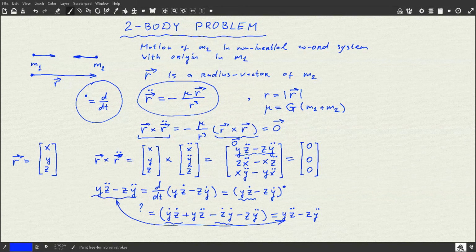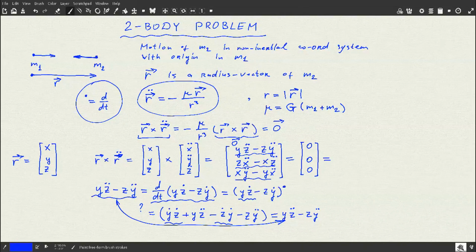So simply what we did, we guessed that yz double dot minus zy double dot is a derivative of a similar expression, which involves only first derivatives. And obviously the same applies to zx and xy.